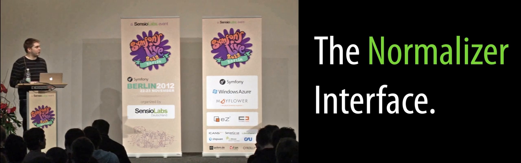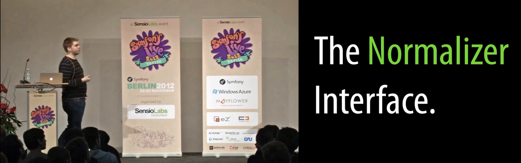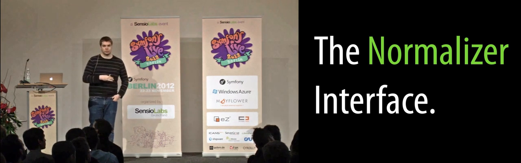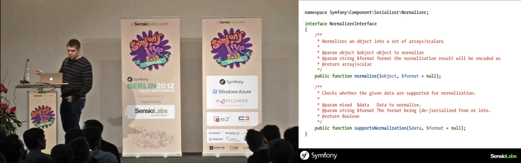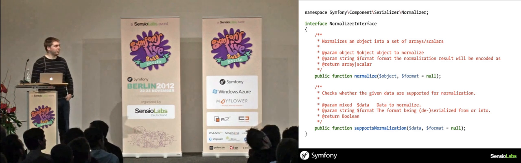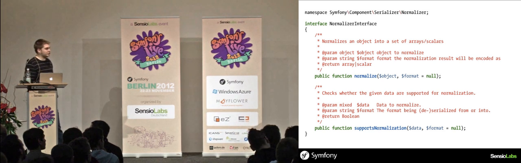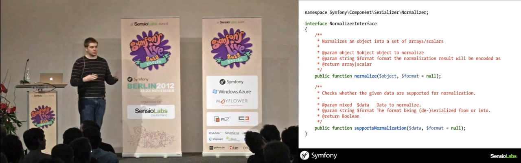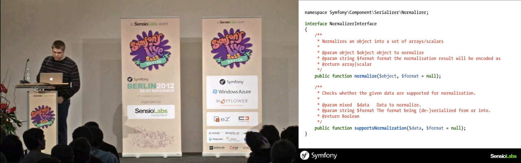Then we have the normalizer interface. As I said, the normalizer is responsible for normalizing your PHP object to an array. So you pass an object and you specify the format in which you want to normalize. And we have this method supportsNormalization, which tells if this normalizer supports a specific set of data.